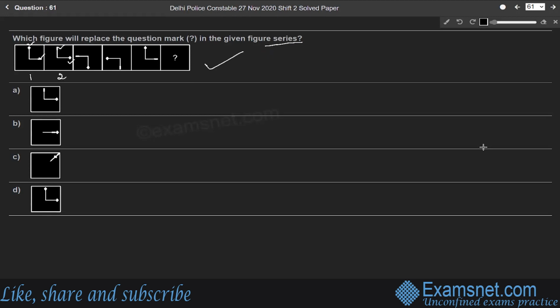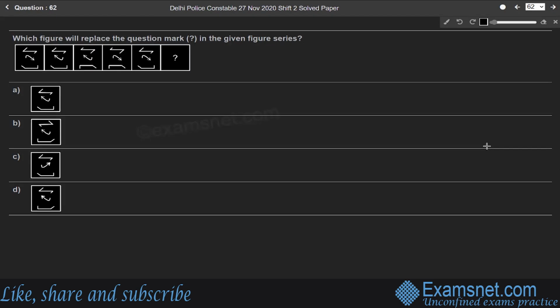In the third and fourth figure also, the positions of rhombus and rectangle are interchanged, right? So look at the fifth figure and option A, where positions of rhombus and rectangle are interchanged, right? Therefore, option A is the right answer.